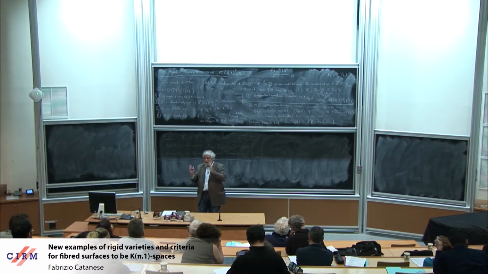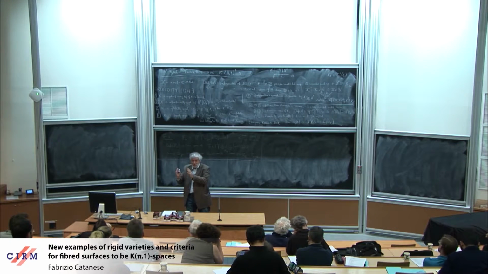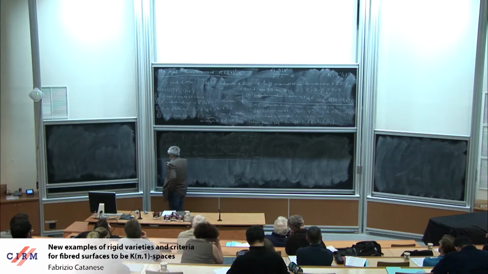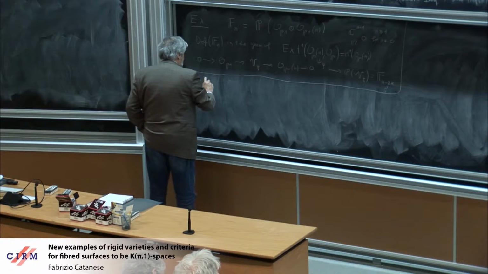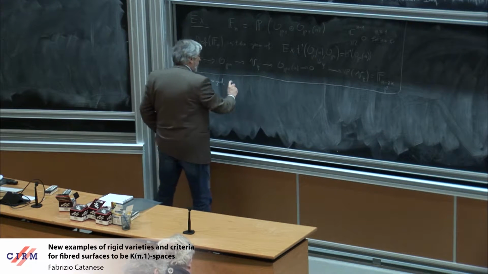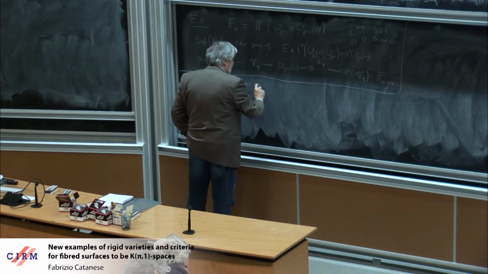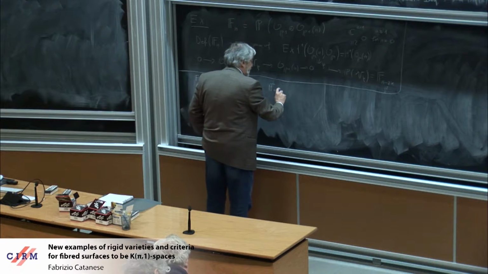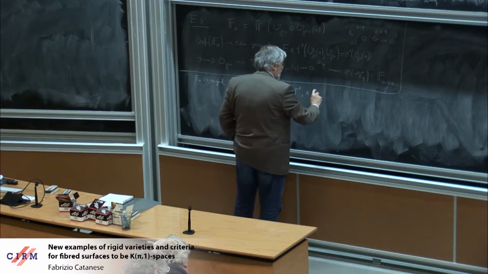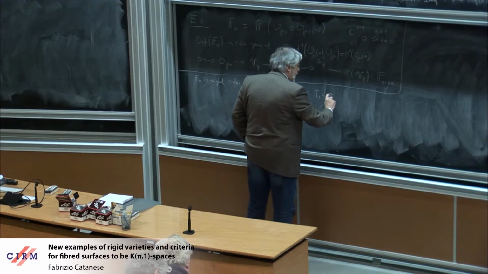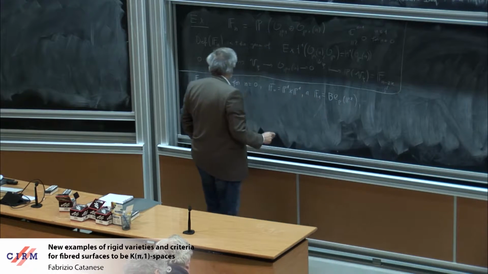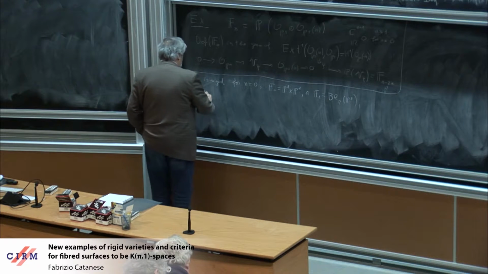F0, if you take a small deformation, remains F0, but in the large, you get F2. So this shows that Fn is only rigid for n equals 0 and 1. F0 is P1 times P1, and F1 is the blow up of P2 in one point, and now Fn is globally rigid.